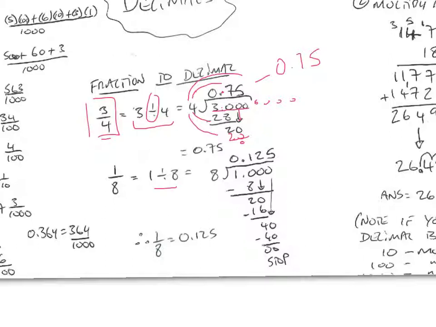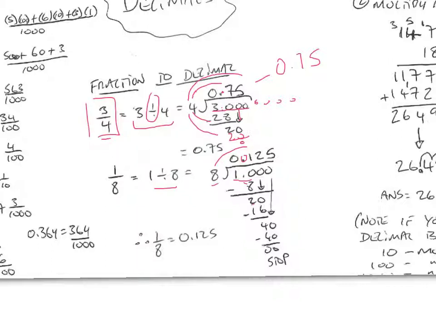Let's look at the fraction 1/8. Well, that's the same as 1 divided by 8, which is the same as 8 into 1.0000. So if we bring up our decimal point, first of all, we say 8 into 1, well it won't go, so that's 0. 8 into 10 goes once. 1 times 8 is 8. Take 8 from our 10 here and we get 2.